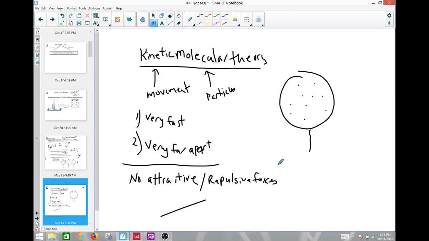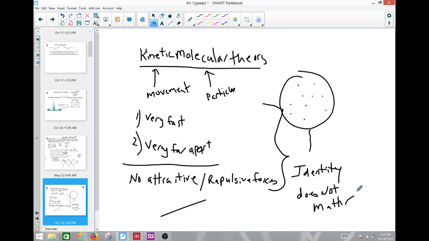So in this particular concept, according to the kinetic molecular theory, essentially the identity of the particle does not matter. Okay, so in this situation, a particle is a particle. The identity of the particle does not matter.